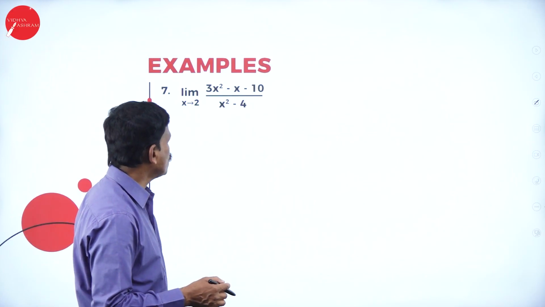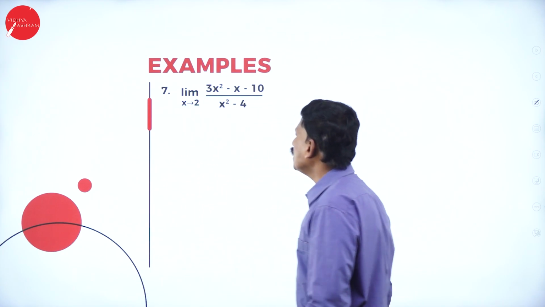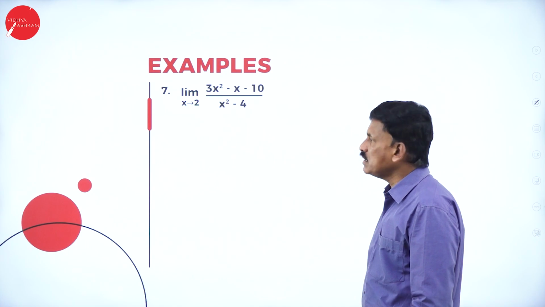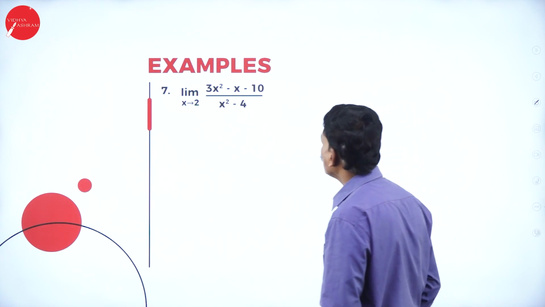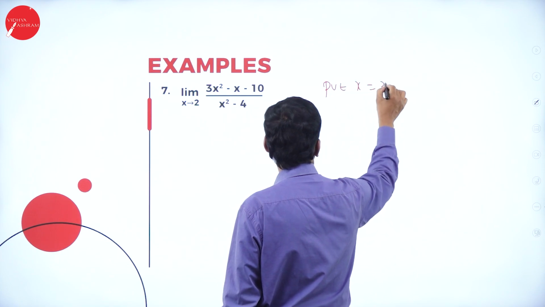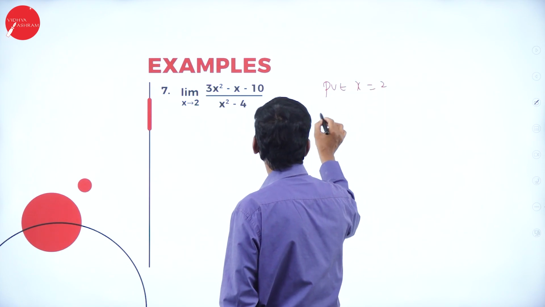Now move on to the next problem. Evaluate limit x tends to 2 of 3x square minus x minus 10 divided by x square minus 4. Now put x is equal to 2. So what happens if you put x is equal to 2?